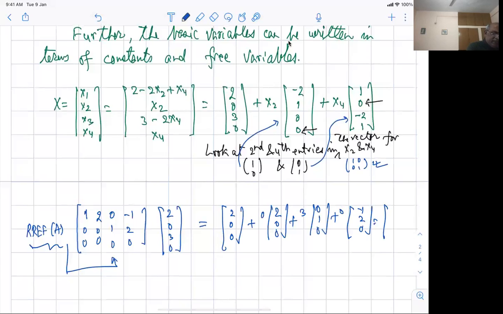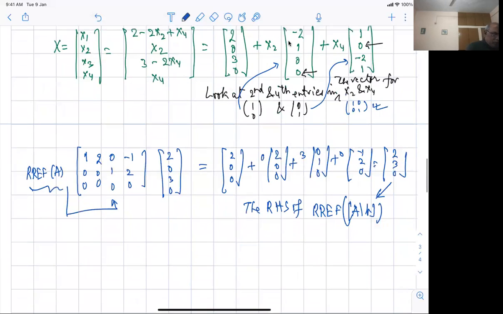Therefore I get 2 3 0, which is nothing but the RHS of the RREF of AB. Therefore, this vector 2 0 3 0 is a particular solution.